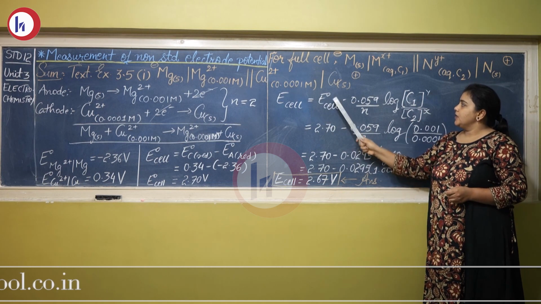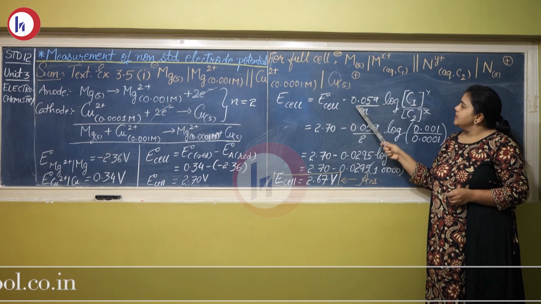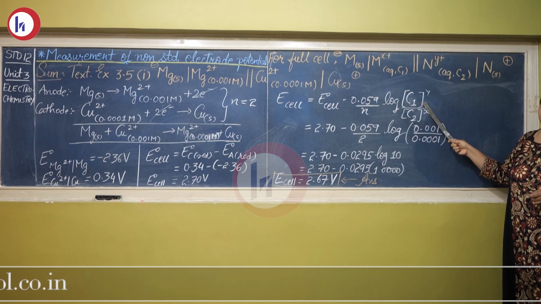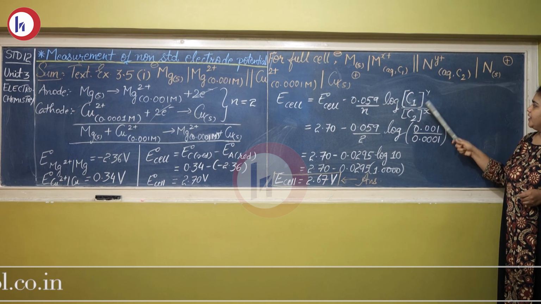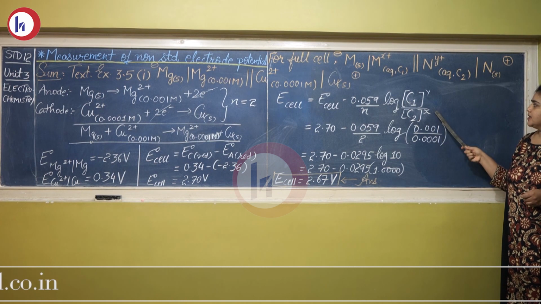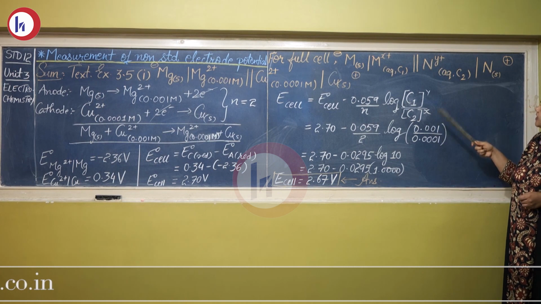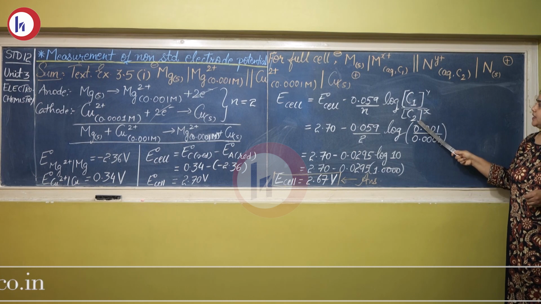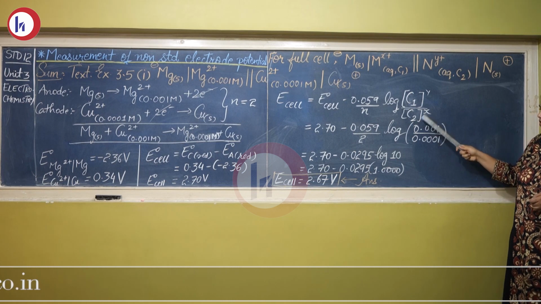Now remember the Nernst equation: E cell equals E0 cell minus 0.059 upon n log of C1 concentration raised to y divided by C2 concentration raised to x. C1, again, if you remember, is the anode ion concentration and C2 is the cathode ion concentration.